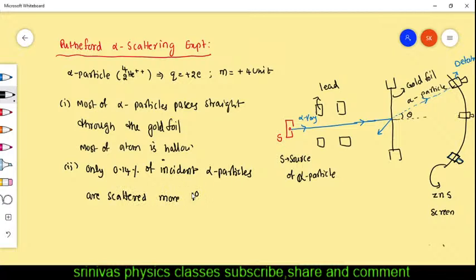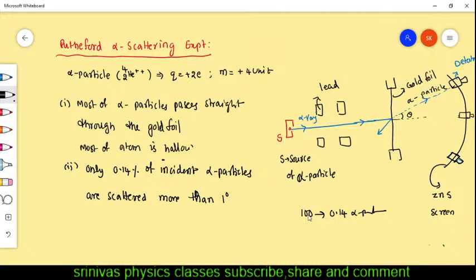How many alpha particles scattered more than 1 degree? Only 0.14%. That means, out of 100 alpha particles, only 0.14 alpha particles.